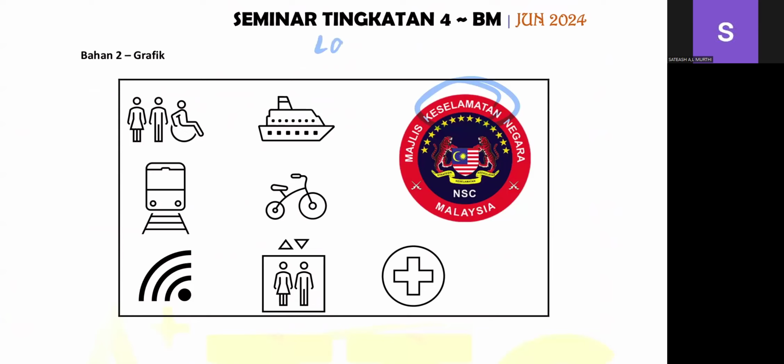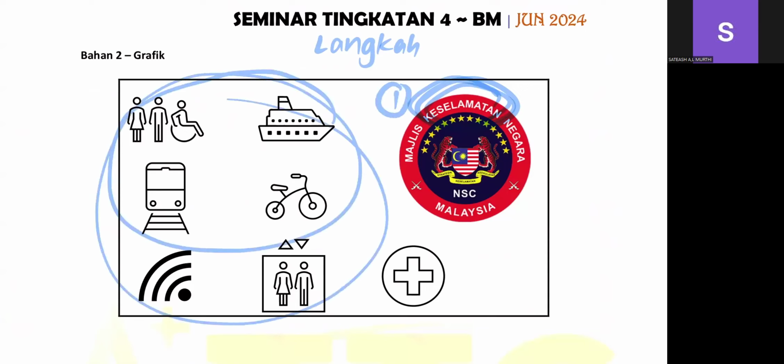So this actually is langkah. Langkah memajukan sektor pelancongan, how we want to improve our tourism sector, which means one is based on keselamatan. This is our first point. Then you see, all this is our public infrastructure. So the second one is to upgrade our public infrastructure facilities. This is the langkah. So we find 2 points already for langkah.